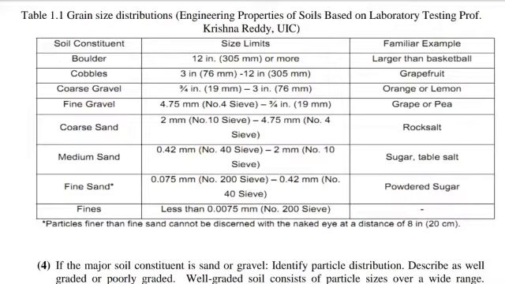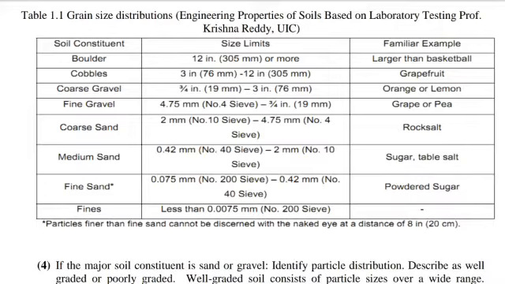Size limits: 3 inches, 76 mm to 12 inches, 305 mm. Familiar example: grapefruit. Soil constituent: coarse gravel. Size limits: 3/4 inches, 19 mm to 3 inches, 76 mm. Familiar example: orange or lemon.